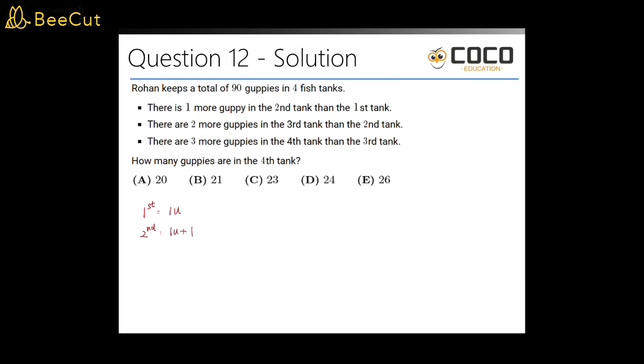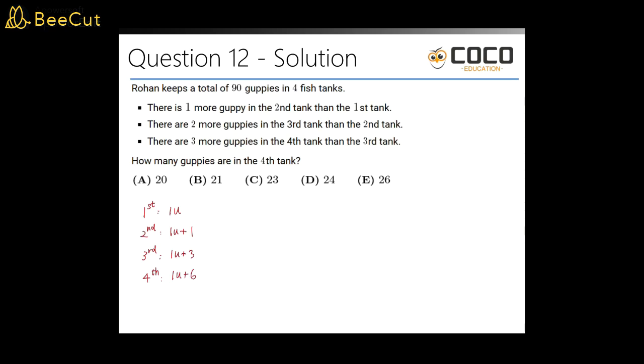So 1 unit plus 1. 2 more guppies in the third tank. So on top of 1 unit plus 1, then plus 2, there's 1 unit plus 3. For the last tank, 3 more guppies plus 3, so this is 6. 1 unit plus 6.